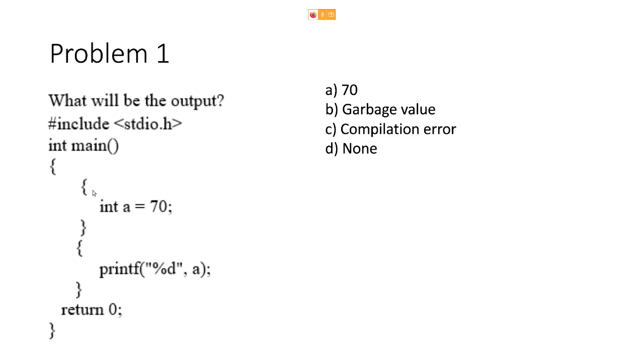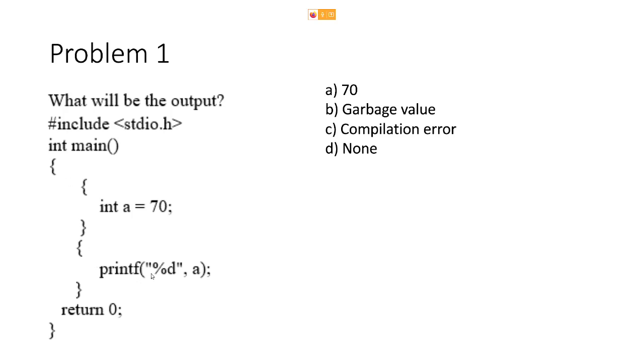So when you define this variable a inside these two curly braces, it can be used only in this block, between these two curly braces, and also in the nested blocks inside it. Its scope is limited to these boundaries, and outside this it is not visible.